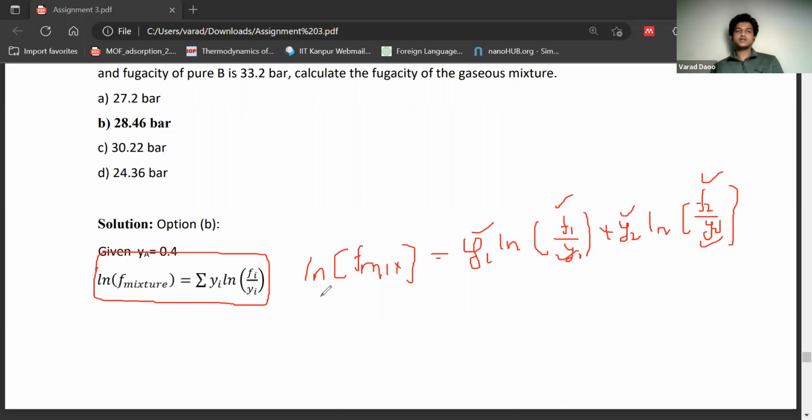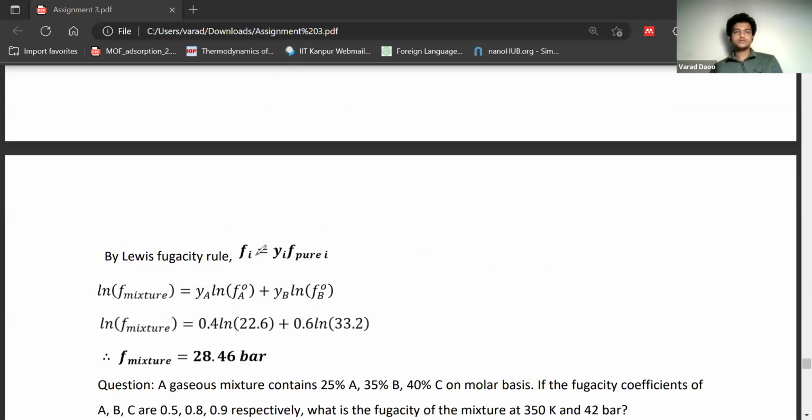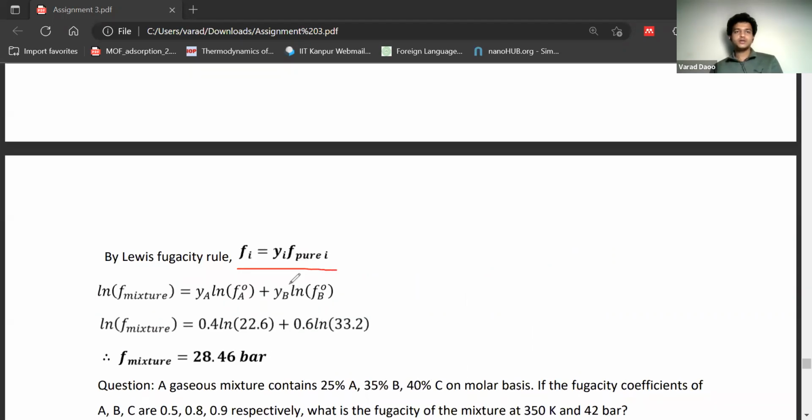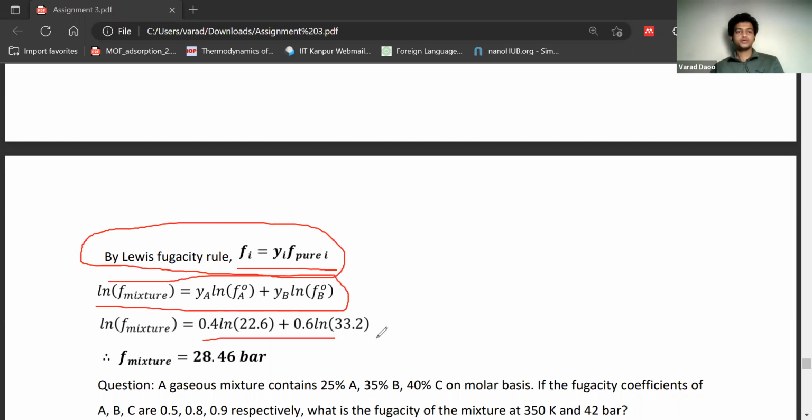You just put in the values and remember to take the exponential, because this is ln f and we are asked to find f. By the Lewis fugacity rule, you put in the values, 0.4 times 22.6 plus 0.6 times 33.2, and you get the final answer.